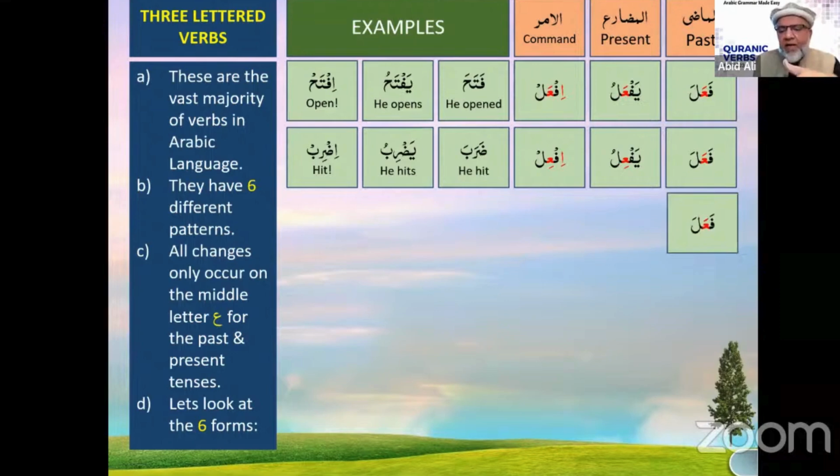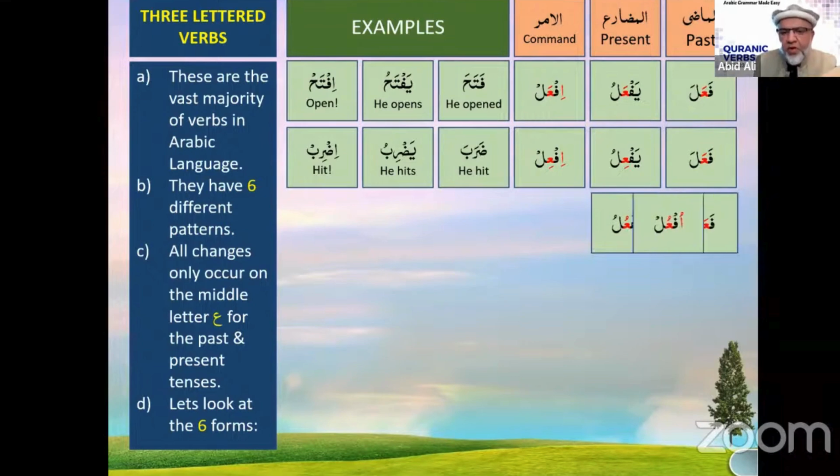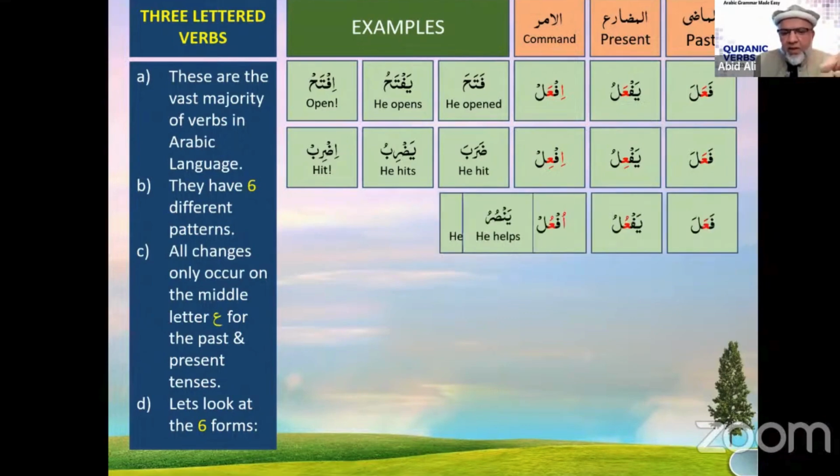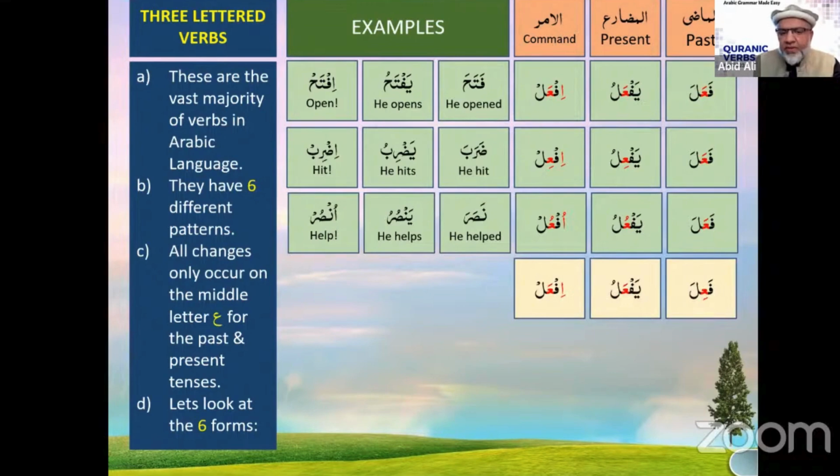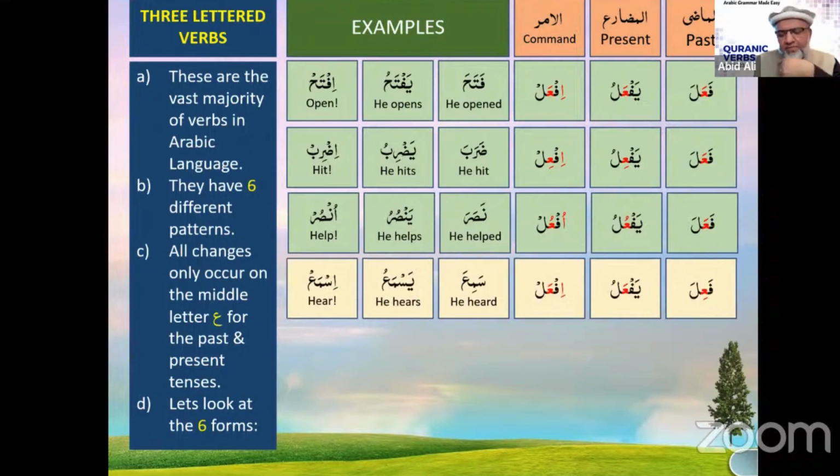Okay. Then we had Fa'ala pattern, and we have Yaf'ulu pattern from the Mudare, and it will become Uf'ul, and the pattern will be Nasara, Yansuru, Unsur. If you want to say to somebody help, you're going to say Unsur. Is this the first 3 families with the son Fa'ala from Madi? Okay, good. The second son, Fa'ila, we can have Yaf'alu, and the Amr will be the same, If'al, and the Sami'a, Yasma'u, Isma.